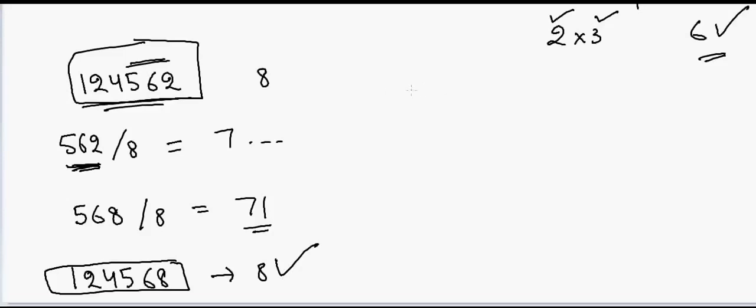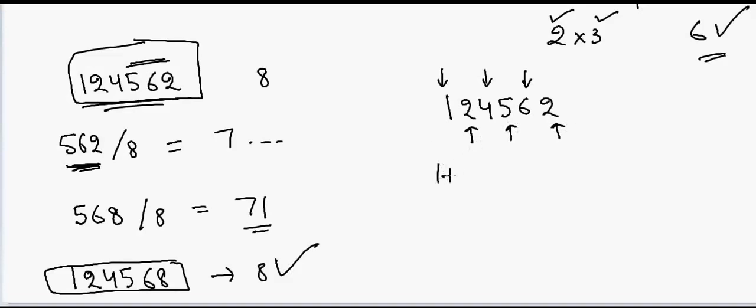Now let's talk about the divisibility by 11. So if I have 124562, and I want to find out whether this number is divisible by 11, I'll take the alternate digits: 1, this number, and this number, and then the other digits, and I add them together.